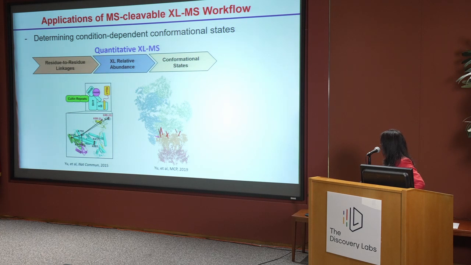And then using conventional SILAC-based quantitation, we were able to determine the stress-induced conformational change of the 26S proteasome and derive intermediates of the 26S proteasome structure that correlate with its stress-associated disassembly.